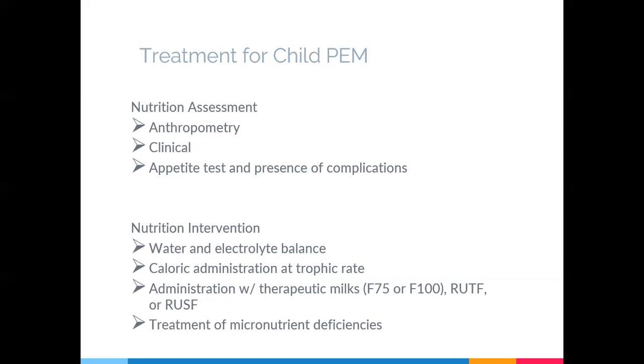F100 is 100 calories per 100 ml. So if ang bata is severe iyang malnutrition, and then ni-fail siya sa appetite test and naay mga daghan nga complications, then usually ang ginahatag is the formula that has lower caloric dose, and that is F75.